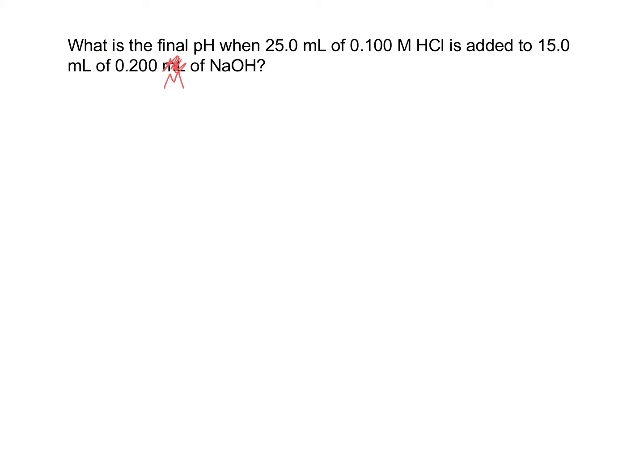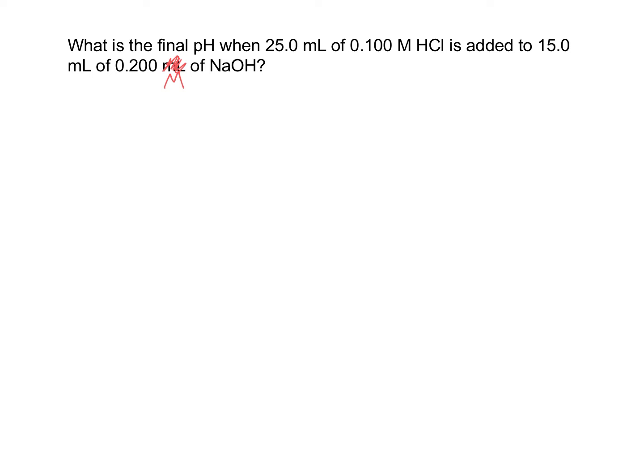Okay, so here's our first example. We want to know what is the final pH when 25 milliliters of 0.1 molar hydrochloric acid is added to 15 milliliters, and there's a typo here, of 0.2 molar sodium hydroxide. I recognize this is an acid-base reaction because I have a strong acid reacting with a strong base. The first thing I want to do is write down the chemical equation.